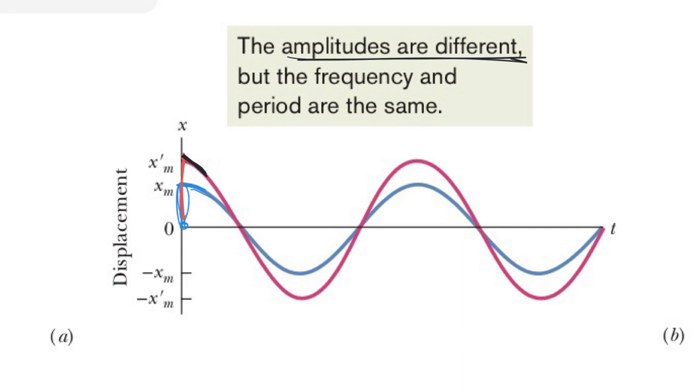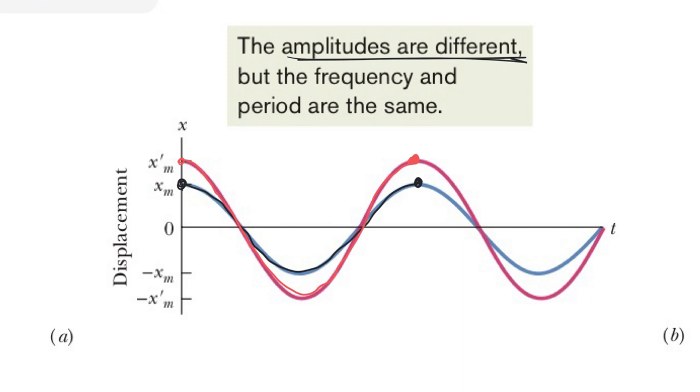But if we come to the frequency and the period, the period is the time to do one oscillation. The first one starts from here and completes one oscillation when it reaches here. The pink one also starts from here and does a full oscillation when it goes back to the starting point.